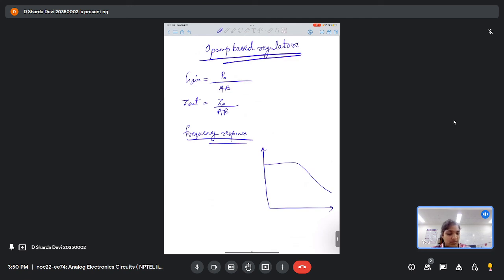It maintains a constant value, then as frequency increases, its gain reduces.